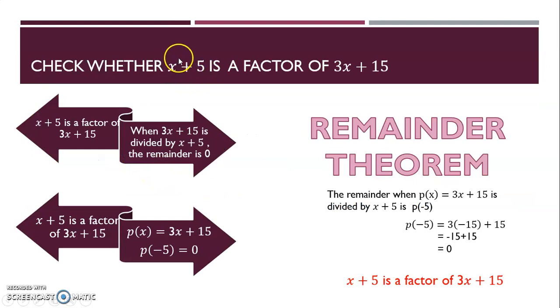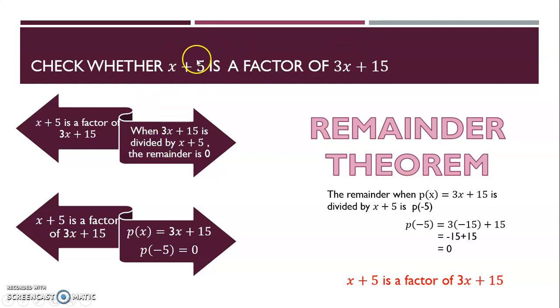If I have a linear polynomial, let's say instead of x plus 5 there is x minus 7, and here there is, let's say, 2x minus 14. To say x minus 7 is a factor of p of x, all I have to do is substitute a equal to 7.